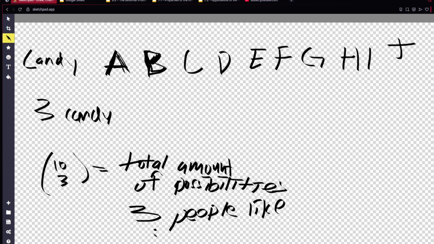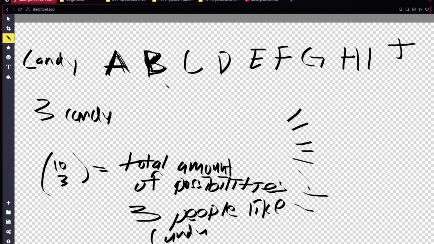That looks much like a tree diagram, which is simply all the ways, and we'll have a huge tree diagram. This would be extremely big, but there will be 3 people that like candy here, 3 people that like candy here. These are all the ways that you can rearrange 3 people to like candy.